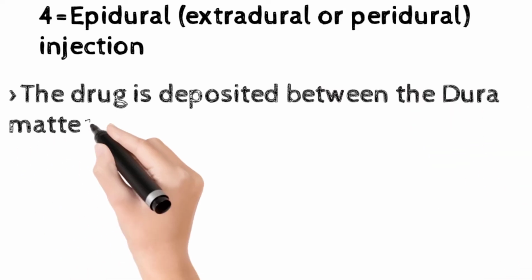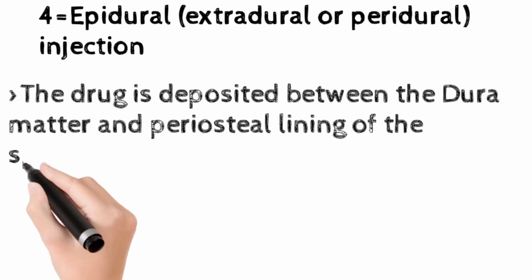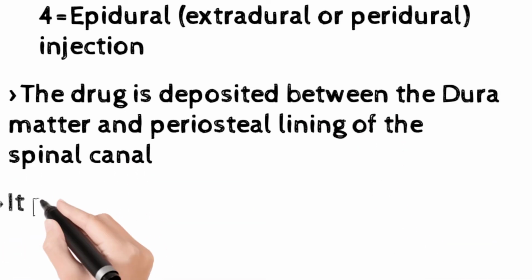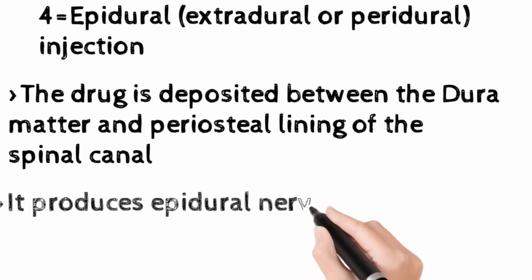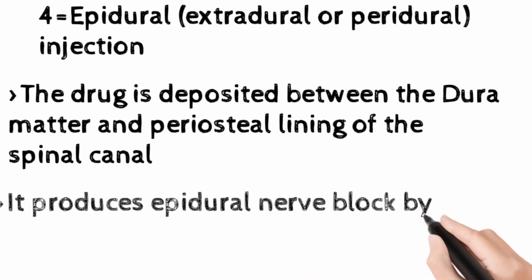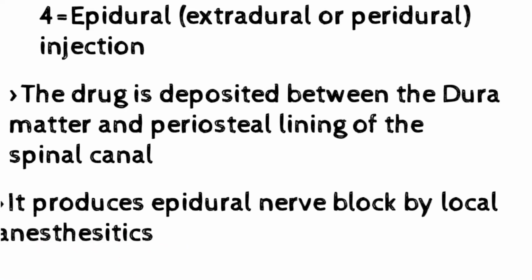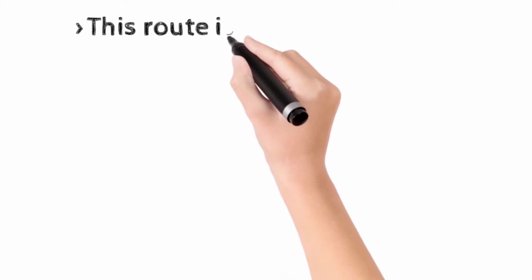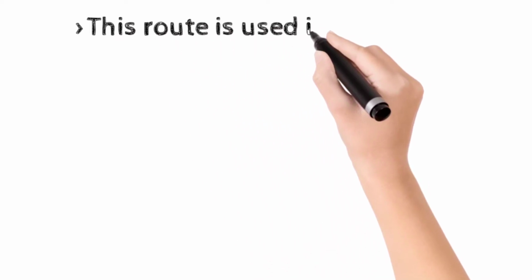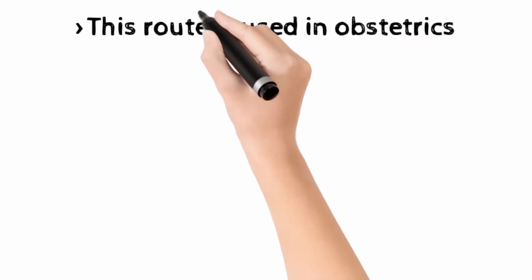Now here, the epidural means above the dura mater. Here are extradural or peridural. Drug is deposited between the dura mater and periosteal lining of the spinal canal. This method is used to produce epidural nerve block by local anesthetics. Now, this route is used in obstetrics also.